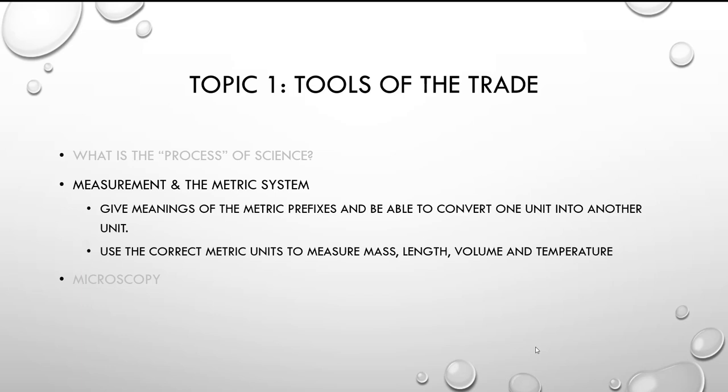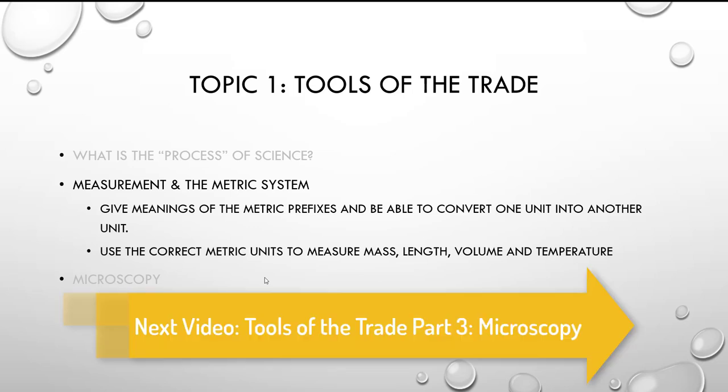That would be grams, meters, liters, and Celsius, and then the various parts, like kilogram. Make sure you understand those, and then you can go ahead and answer those questions in the textbook if you haven't done so already. Then you can move on to the workbook part if you'd like.